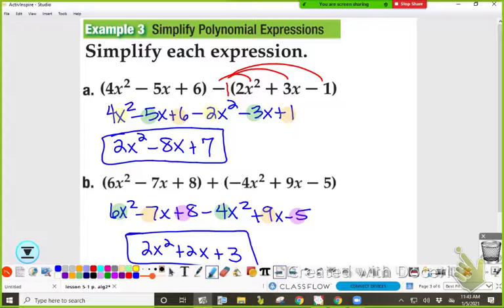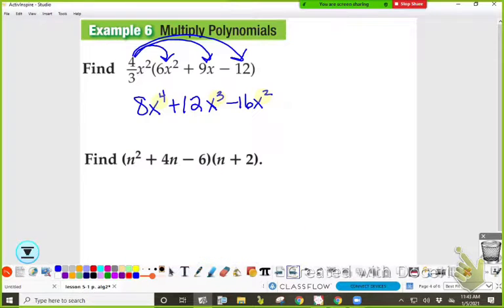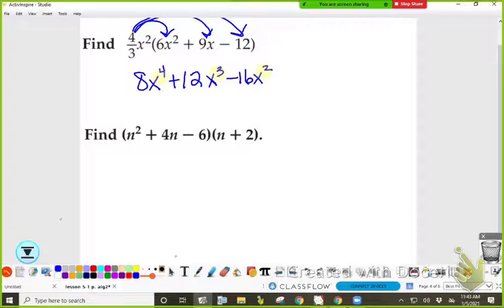Going back to the previous problem, make sure you watch if there's a plus sign between them, okay? Because I had people in Delta Math do multiplication when it should have been addition. Addition, you just add like terms. But multiplication, we have to do the box method.